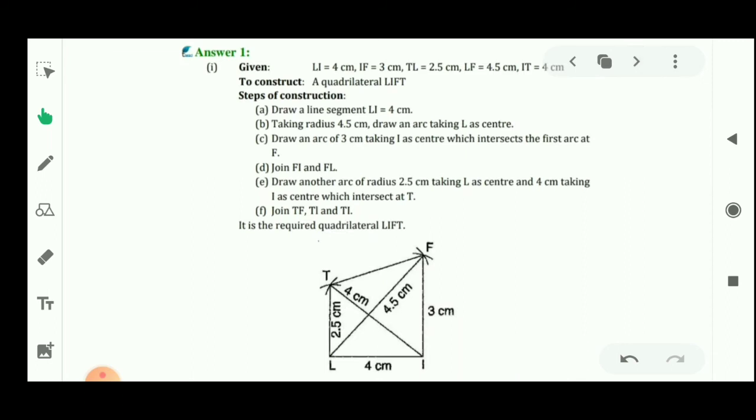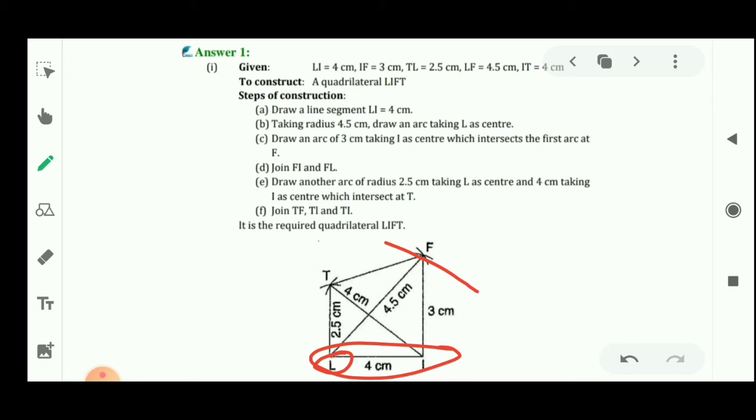In the first part students, how you will construct the quadrilateral LIFT, let's see. Students, firstly you have to draw the line, that is LI, which is 4 centimeter. Then you have to put your compass point on L and take the radius of 4.5 centimeter and draw an arc like this.